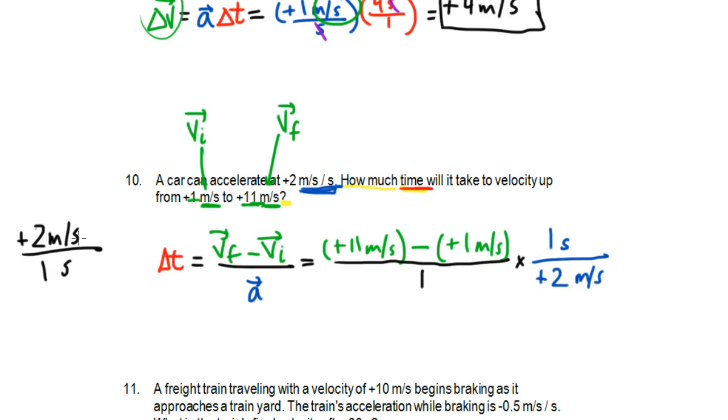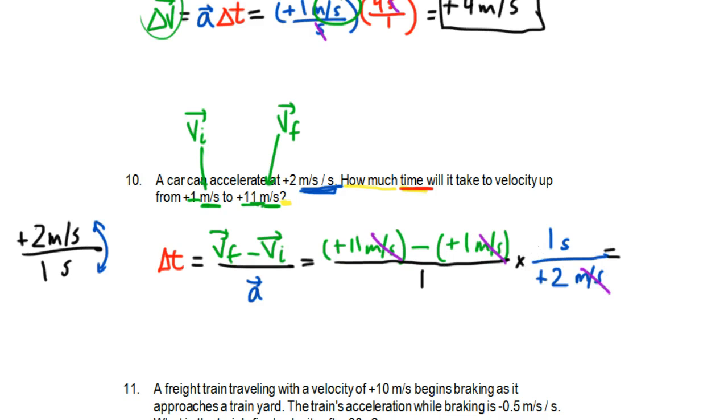So again, I take the reciprocal of this, I just flip it, and if I multiply that, it's like dividing by plus 2. The reason I'm doing this, I'll show you, is so that I could cancel out my units. And so I can see that meters per second are going to cancel here.